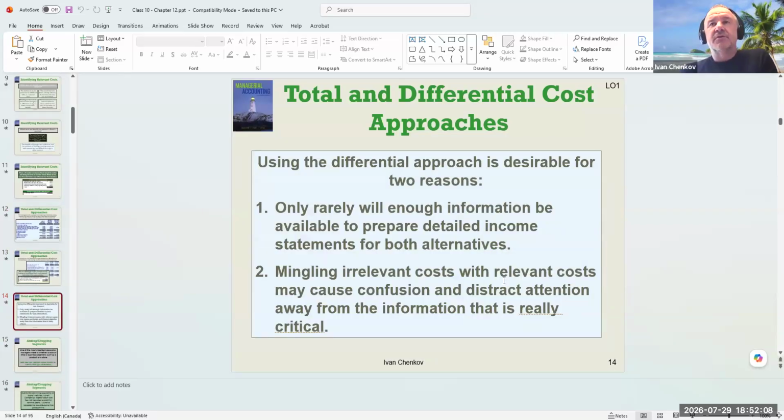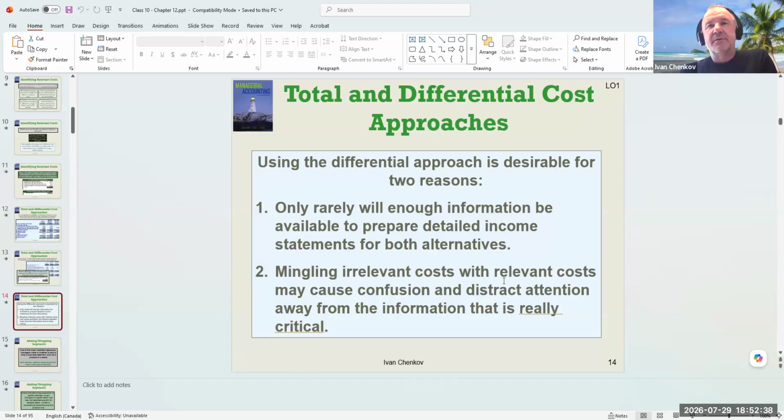Now, for the total differential approach, we have to be careful. We have to only rely on it when enough information is available to prepare a detailed income statement. For that reason, since we won't be able to have that information available, we better go with, if this happens, what will be the saving, or if this won't happen, what will be the direct increase in sales, and how much will be the cost.